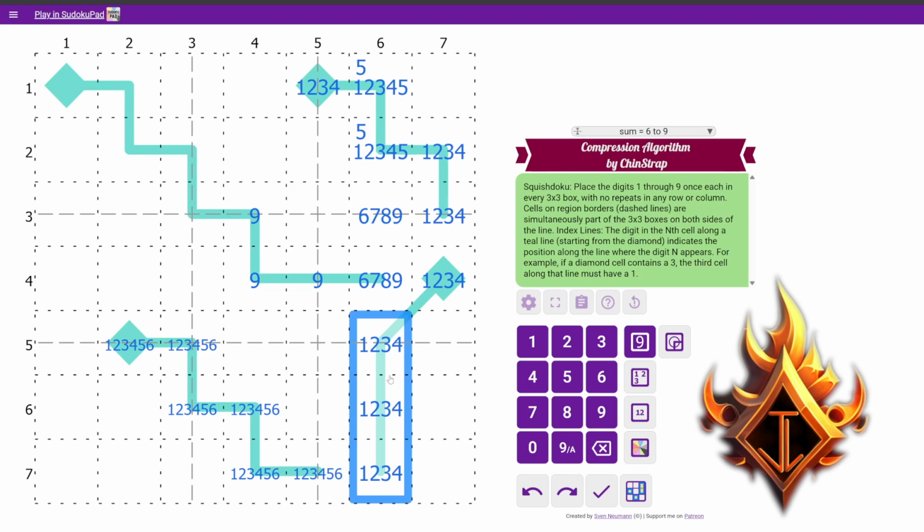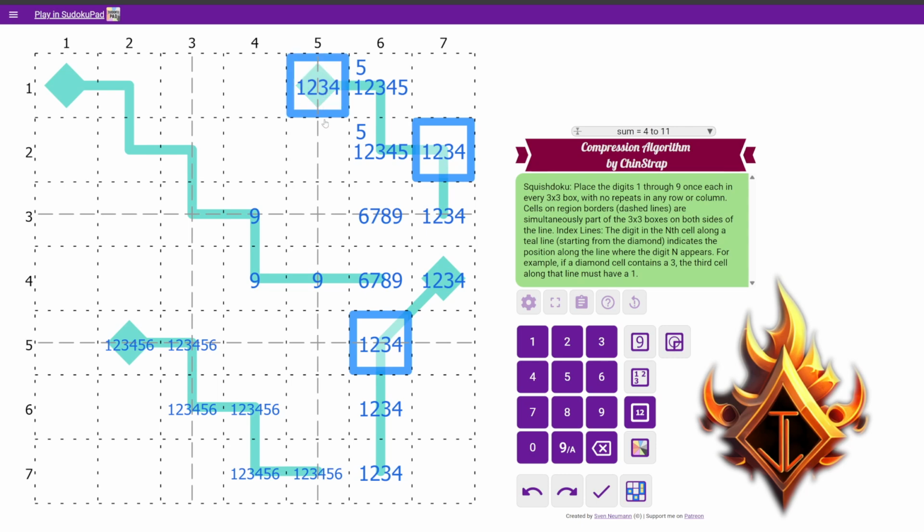These 3. So this one is obviously neither of those two. It could be that or that.